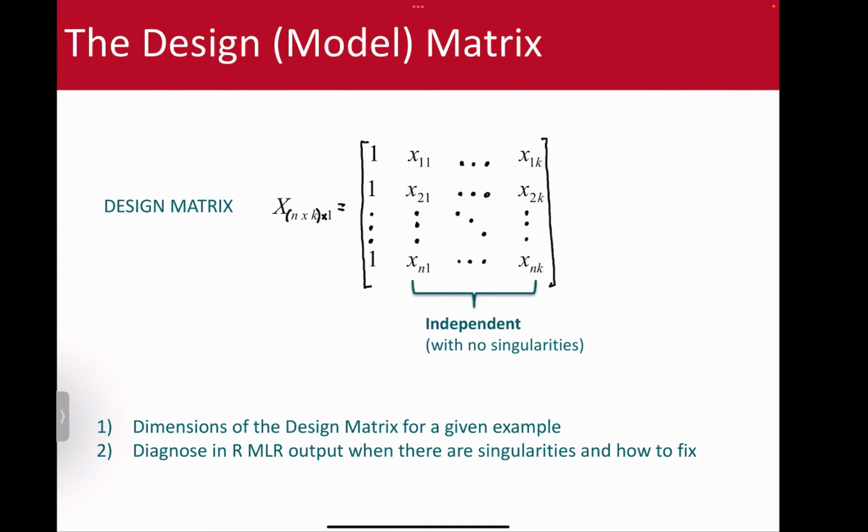So the design matrix is a very special matrix in regression because it contains all of the predictors. And like I mentioned, the special thing about this matrix is that the first column represents the y-intercept and is a column of all ones.